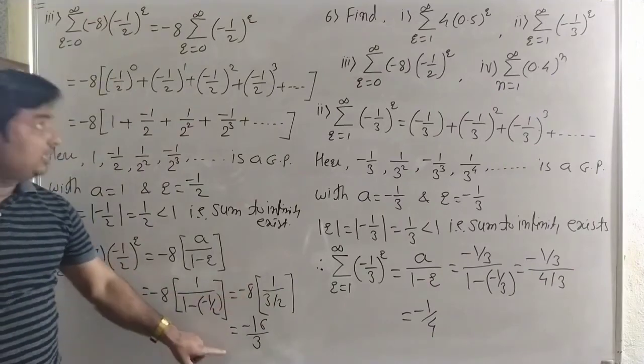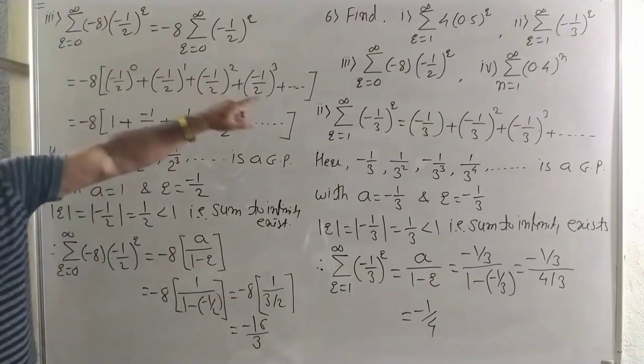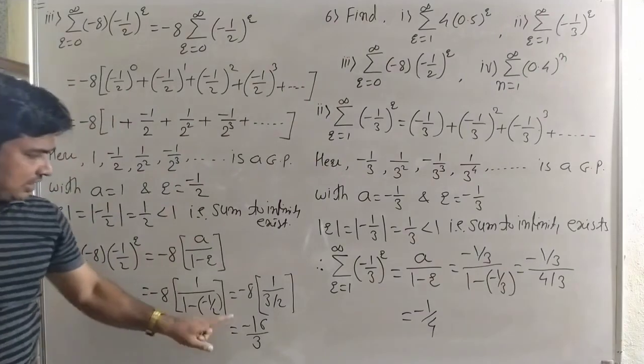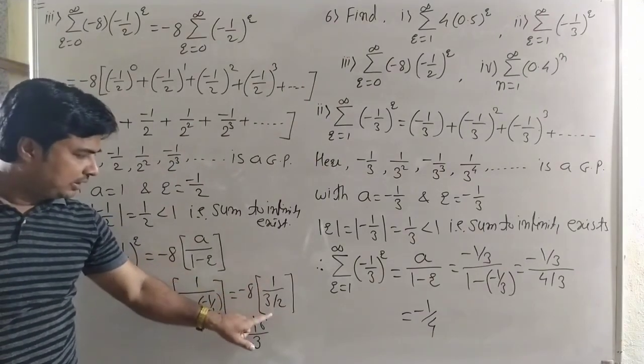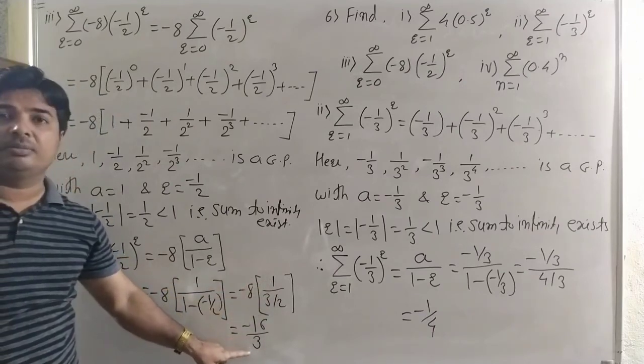Minus 16 by 3 is the answer of this third question. Calculation 3 by 2, or it is 1 by 3 by 2, therefore it is a 2 by 3, 2 into minus 8, it is minus 16 by 3.